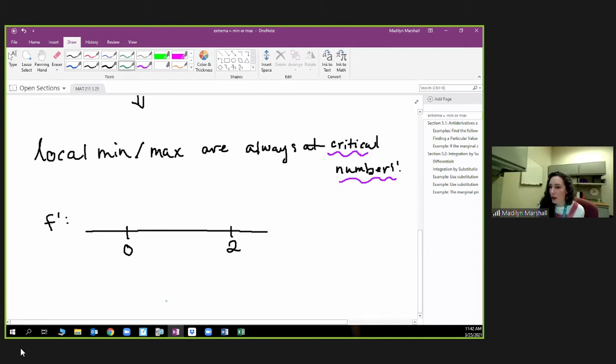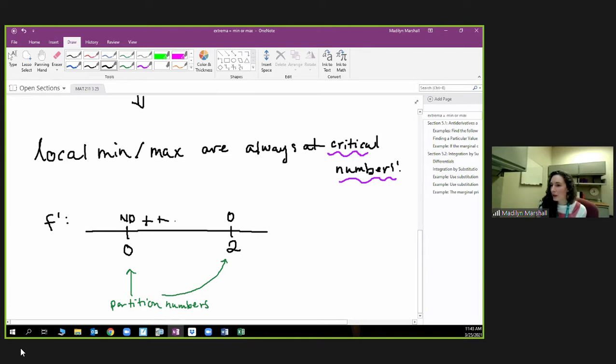So maybe like these are both partition numbers. But maybe one of them is not defined on the function, but the other one has an f prime of 0. So both of these are partition numbers because they're dividing up our f prime, and we can just assume we found these by setting the derivative to 0 and finding where it's undefined.